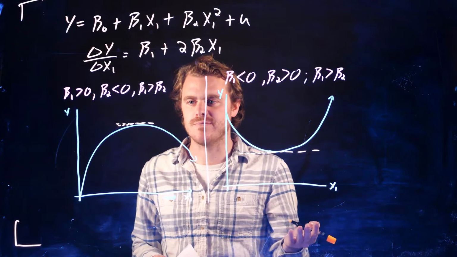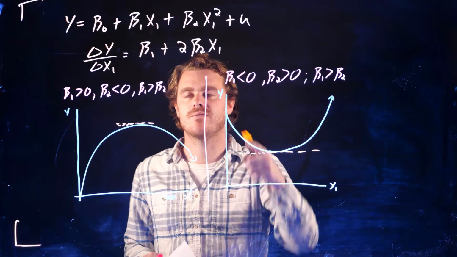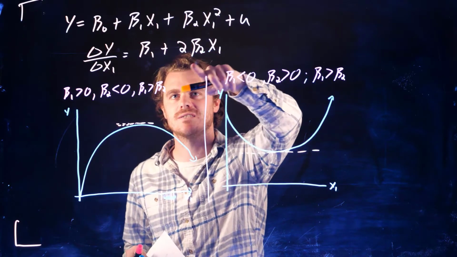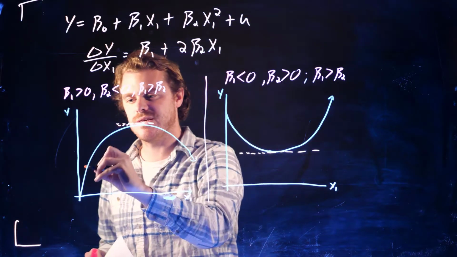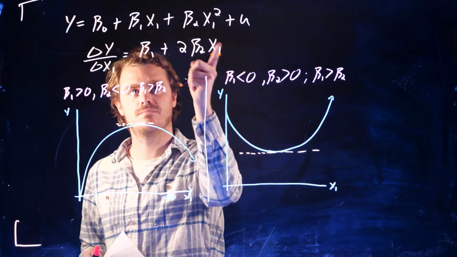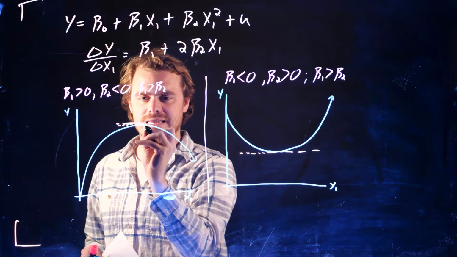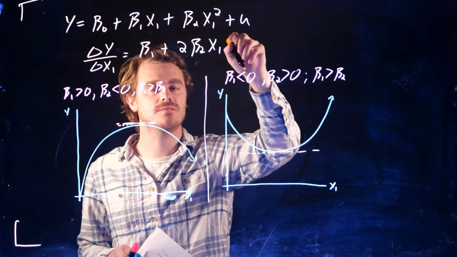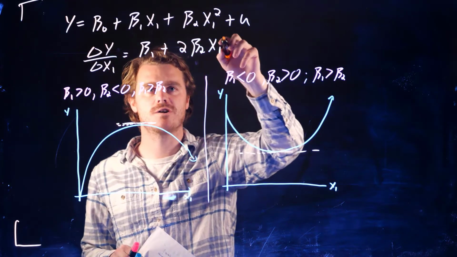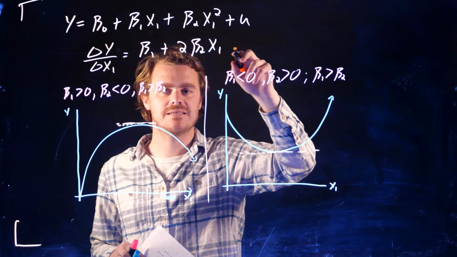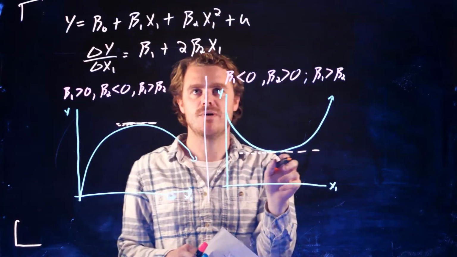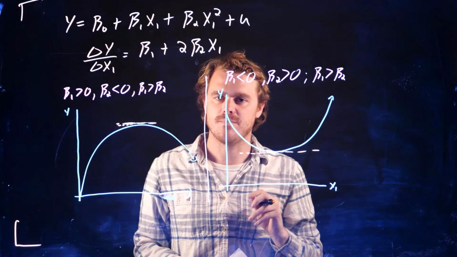That's just taking a derivative and setting it equal to 0, right? If this is the partial effect, this is the slope of this line. This is the marginal effect, it's the slope of the total effect. So if we set that marginal effect of x1 to 0, we can find either the maximum or the minimum, depending on the signs of the betas.